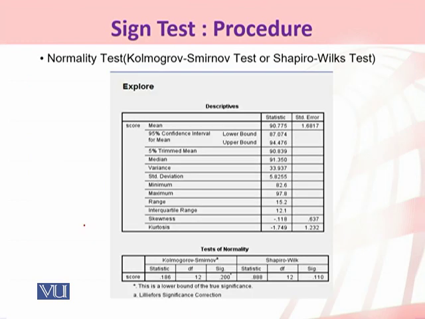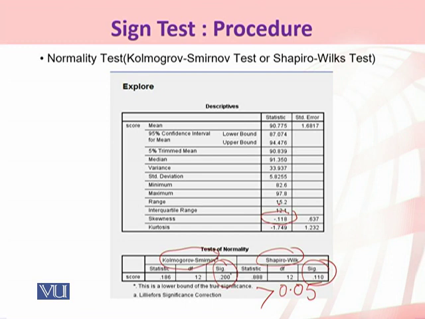This information appears in the output window. Under the output window, you can observe the p-value for the Kolmogorov-Smirnov test as well as the p-value for the Shapiro-Wilk test. Students, both values are greater than 0.05, so we will accept our null hypothesis. And by the way, what is the null hypothesis? The null hypothesis is that the data follows the normal distribution. So this data is normal in nature. But if you look at the skewness value, the skewness is less than 0, so it is negative.